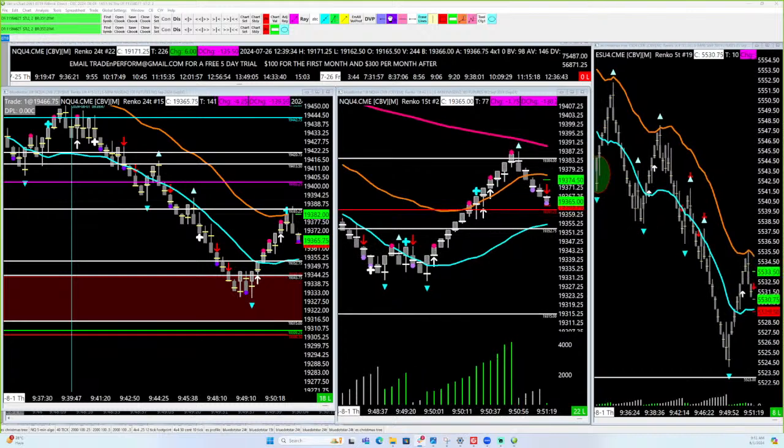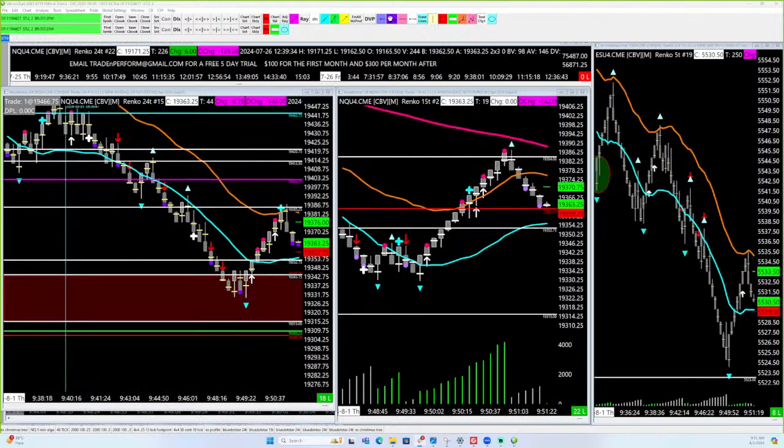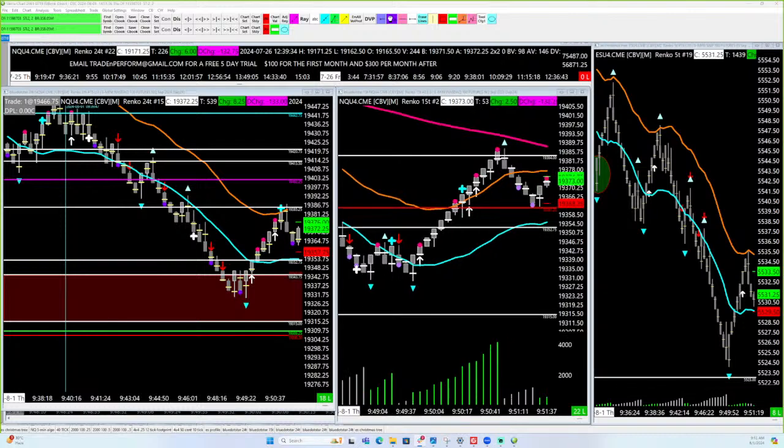This thing's moving really freaking slow, so I may have to find another way. The whole entire point was to trade on this, to show how I can execute, but the dome on Sierra Chart's actually lagging. That's all I can say.